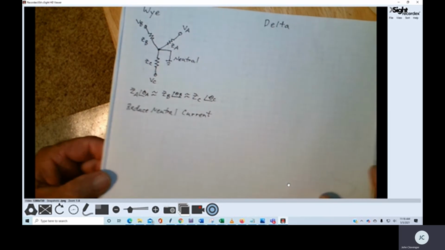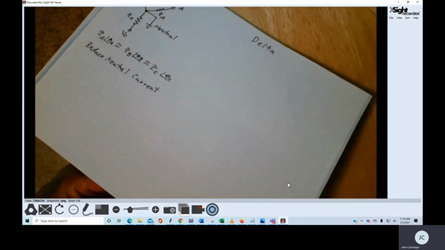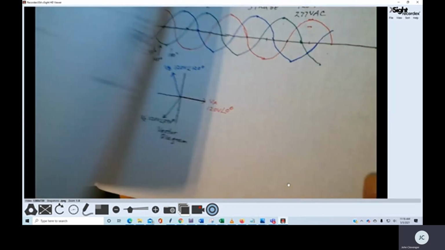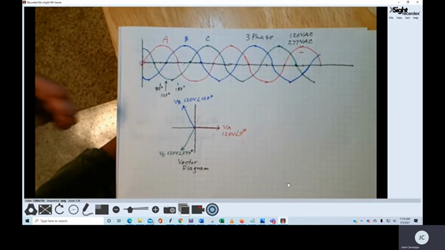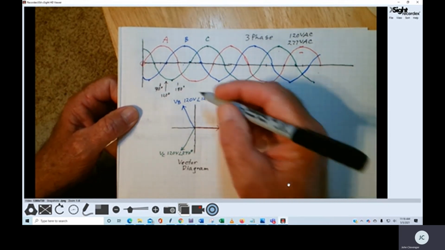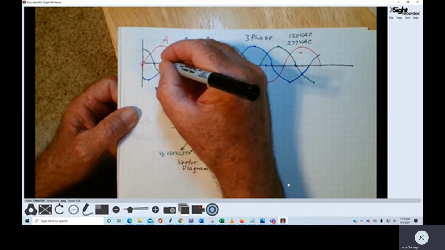And I want to go back to my previous drawing for just one second here. There we go. So we'll pick out a point in space here, or in time, I should say, not in space, but pick out a point in time. Let's pick this point out right here.